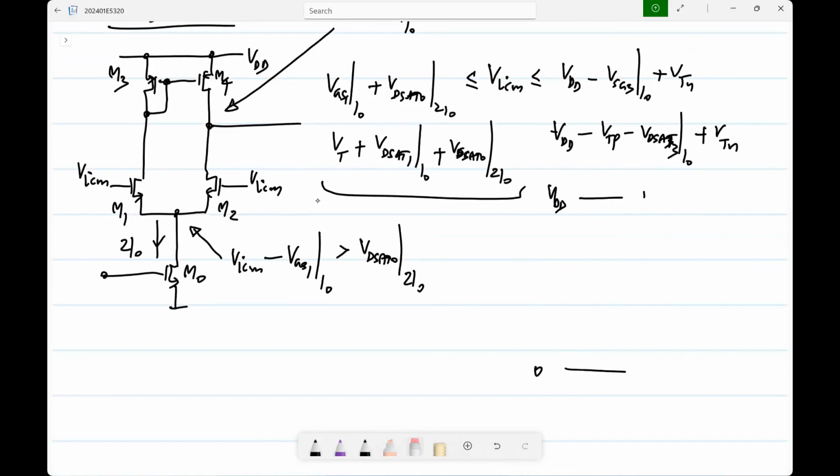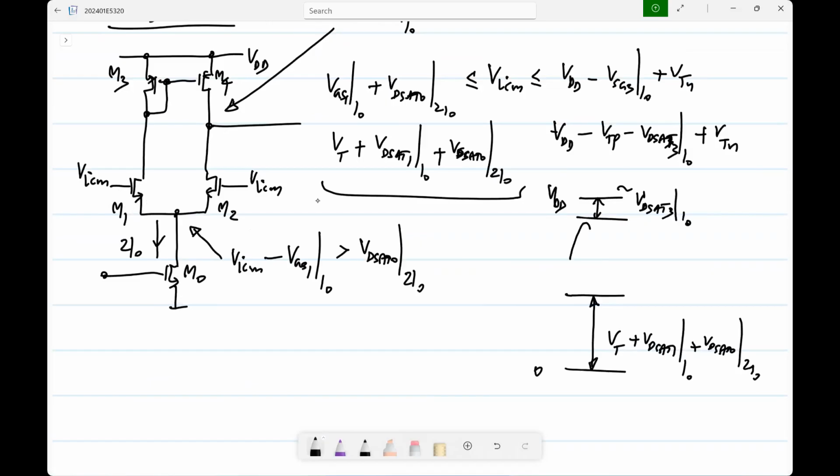First of all, you have two transistors, and then this one's VGS has to be accommodated. So on the lower side, you lose VT plus VD sat 1 plus VD sat 0. On the upper side, if you assume VTP and VTN are the same, you just lose VD sat 3.